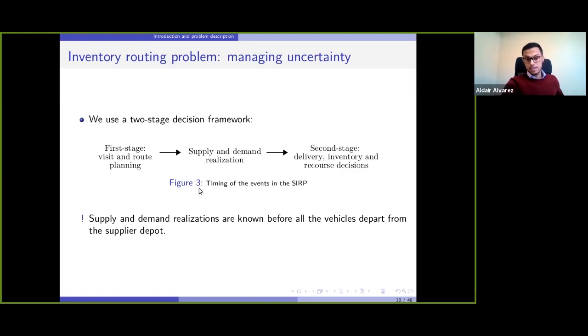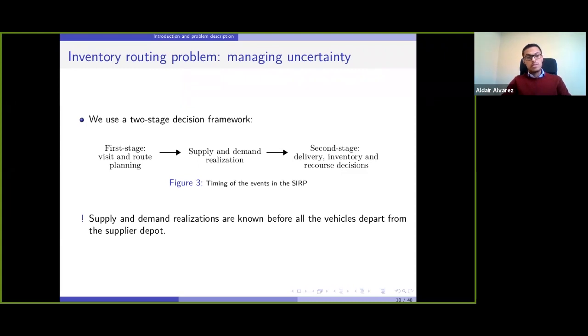Again, it's important to highlight that we know the supply and demand realizations before the vehicles depart from the supplier facility. This is a configuration that we didn't just come up with. It has first been used in the literature; several papers have worked with this kind of configuration in the inventory routing problem context.